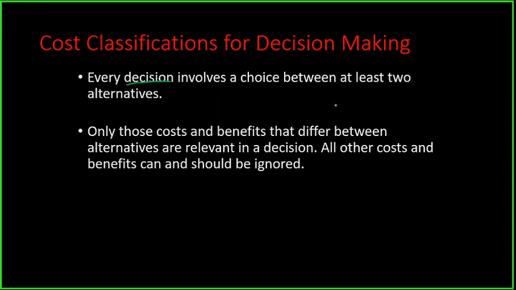No choice ka na nga eh. Only those costs and benefits that differ between alternatives are relevant in a decision. And take note, all other costs and benefits should be ignored just to simplify the decision-making process.